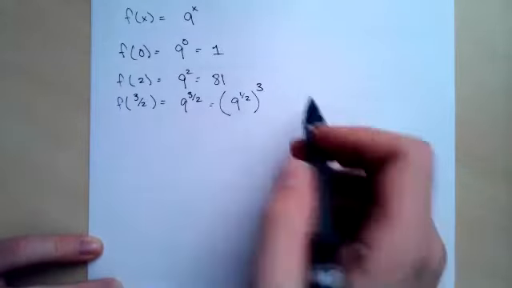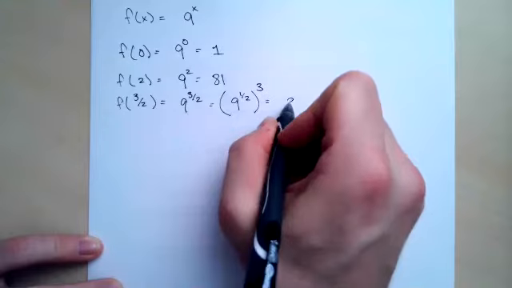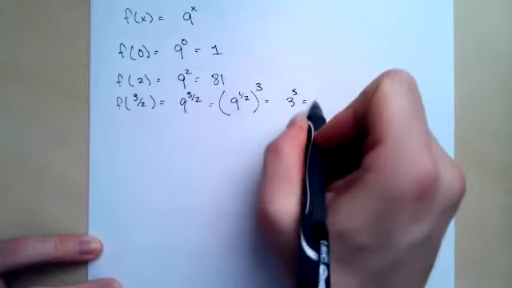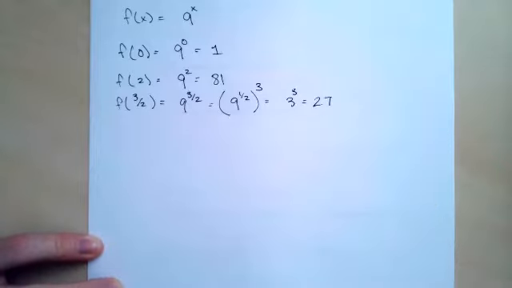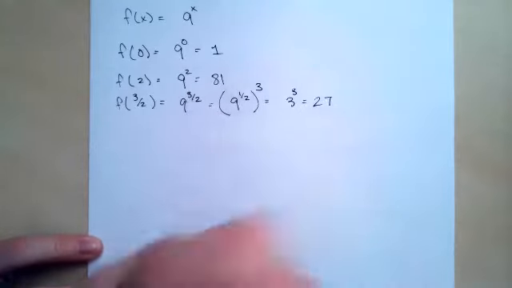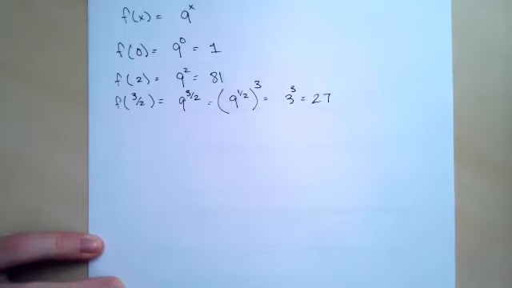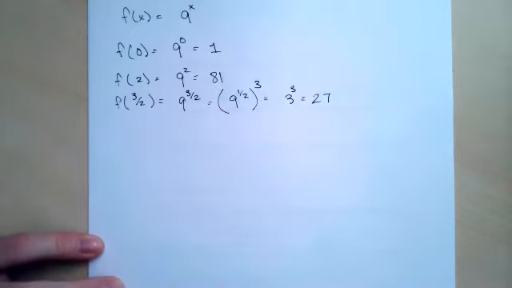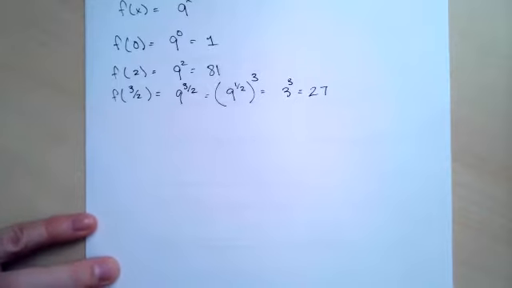Now 9 to the 1/2 is the square root of 9. That gives us 3. We still need to cube it. And 3 cubed gives us 27. You could do those in the opposite order. I could do 9 cubed and then square root. I would not recommend doing 9 cubed, though. I don't even know what that is, because we'd be doing 81 times 9. So much more mental gymnastics if you do it that way.